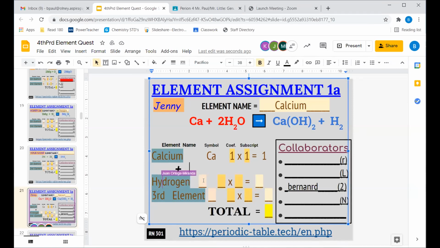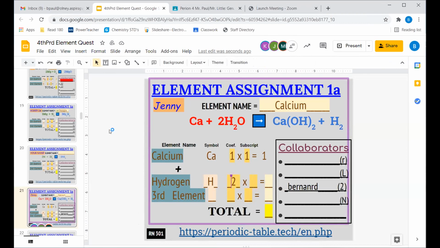Okay, so what's the symbol? H. And what is the coefficient for H? 2. What is the subscript for H, I think? 2.